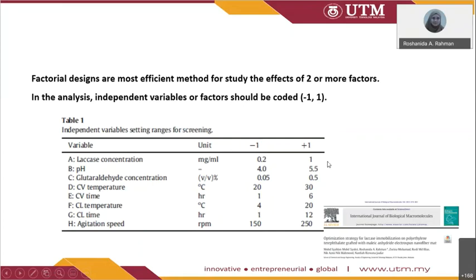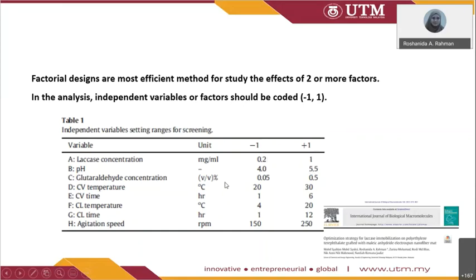After you read your literature review, for example, what you think must come with facts and figures. Why? This Laccase concentration is one of the factors, of course. And how about the low and high values? You want to see within the range that you have chosen from the literature review. This one you also have to decide: the factors, the low and high values, the range.